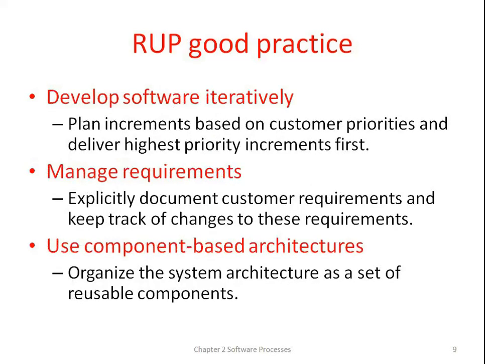The first practice is to develop the software iteratively. Plan increments based on customer priorities and deliver the highest priority increment first, so based on customer priority, it delivers the software.